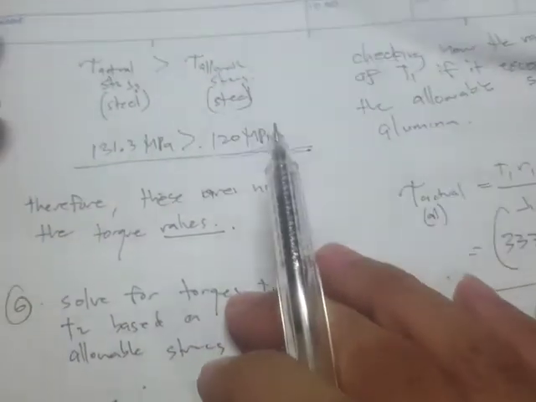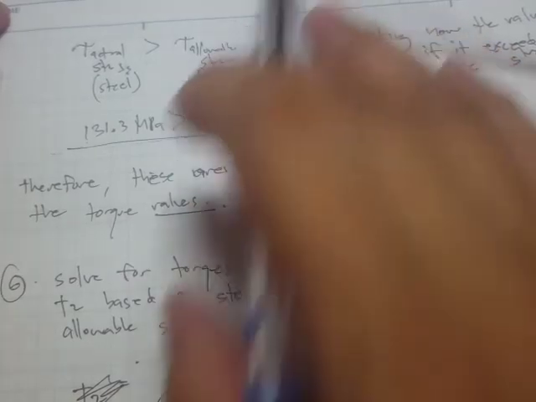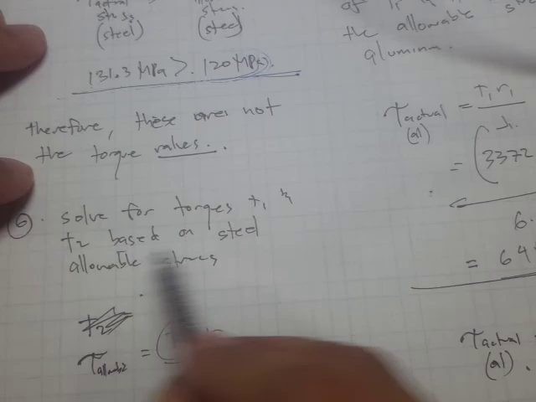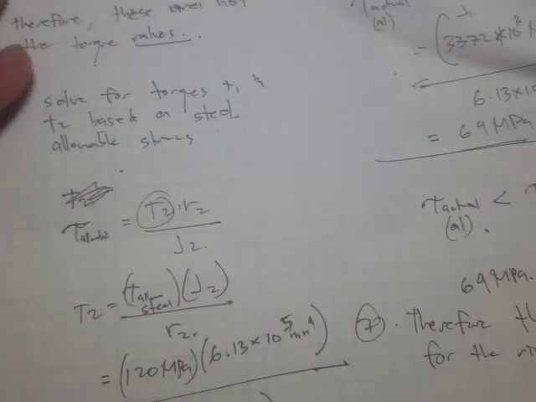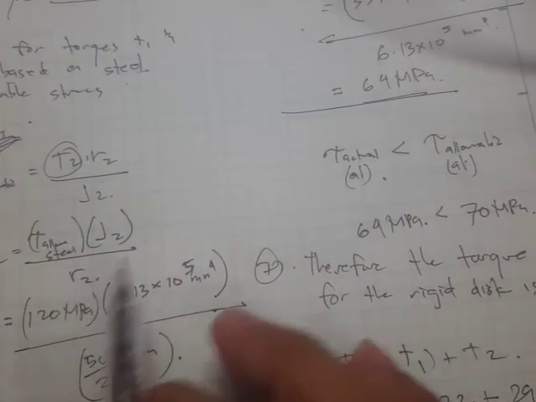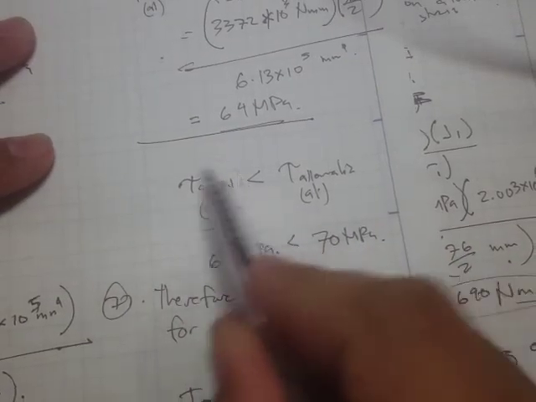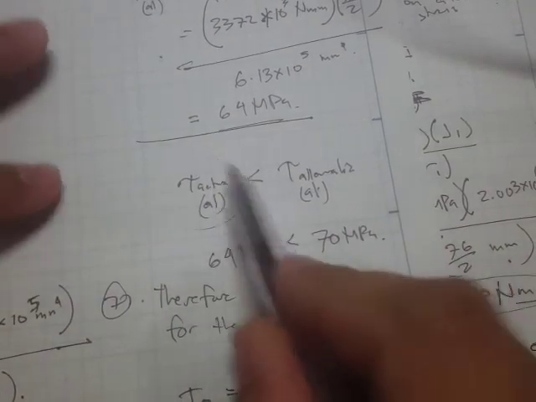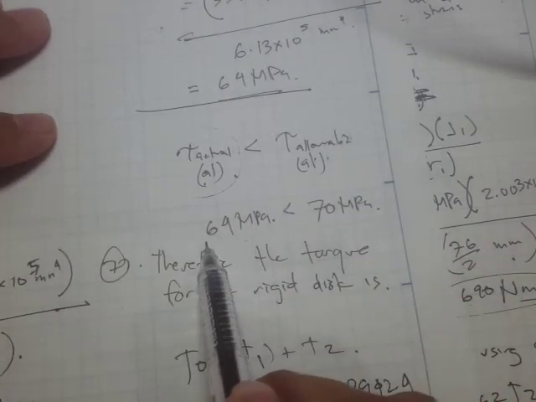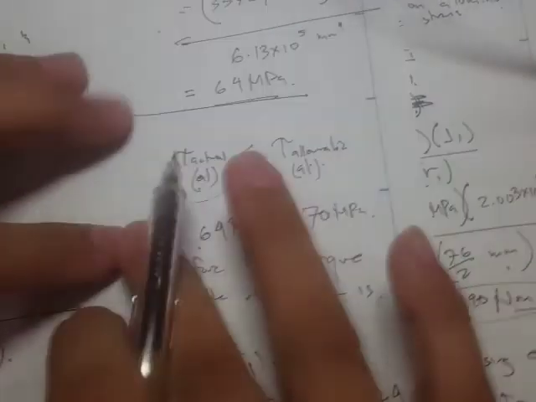So we recomputed the torque values, but this time based on the steel allowable stress. By computations, we found out that the actual stress of the aluminum will not exceed the allowable stress, because 64 is less than 70 megapascals, right?